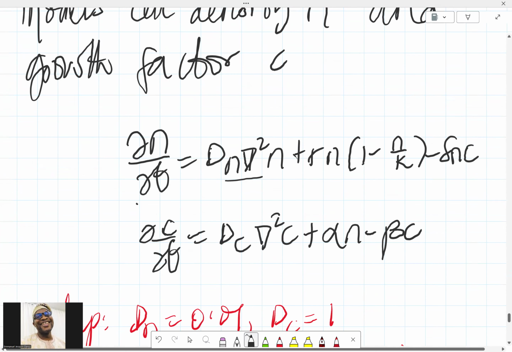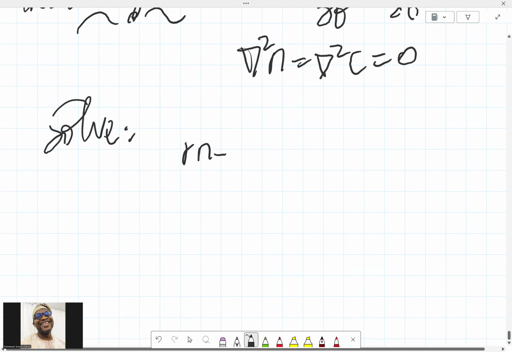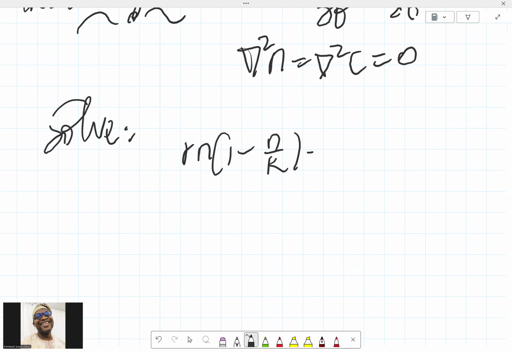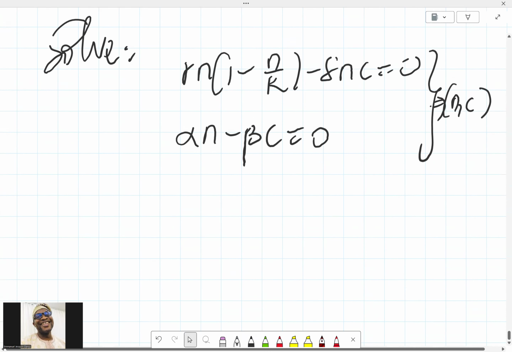So you just need to solve Rn into 1 minus n over carrying capacity minus delta nc equals 0. Then you have alpha n minus beta c equals 0. So I want to solve this as a system of equations for n and c. So you need n comma c, basically. That's what we need from all that.